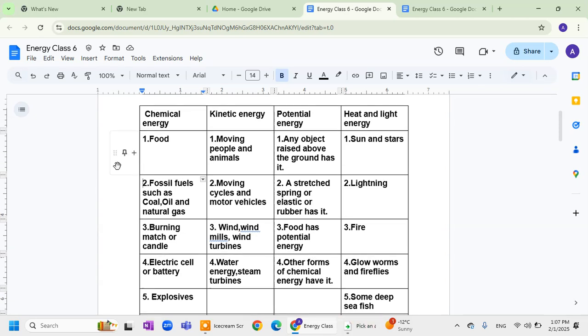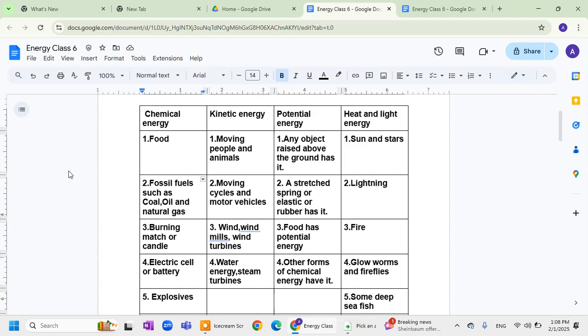Second one is kinetic energy. It is present in moving people and animals, in moving cycles and motor vehicles, in windmills and wind turbines, and in water energy, steam, and steam turbines. Kinetic energy is present when anything is moving.